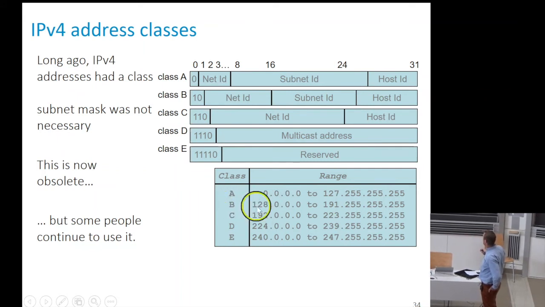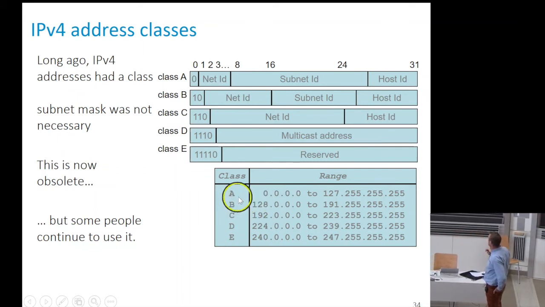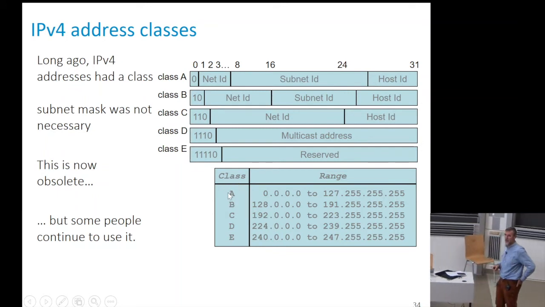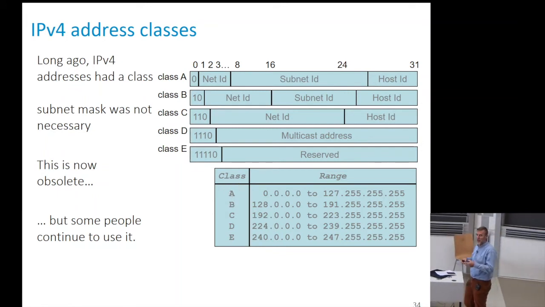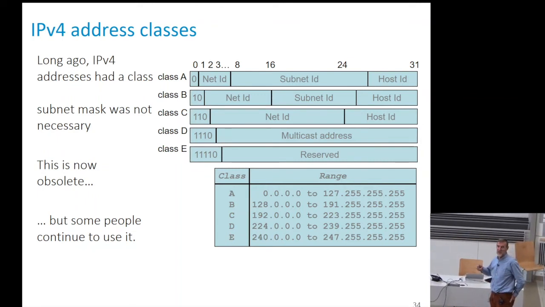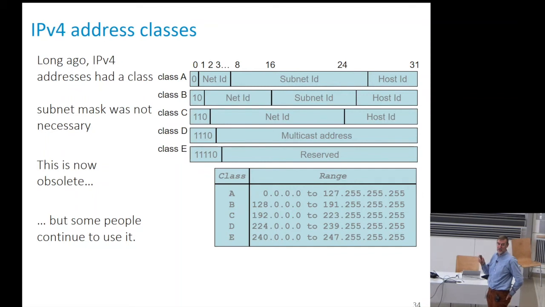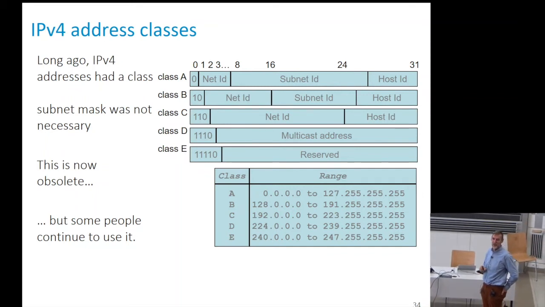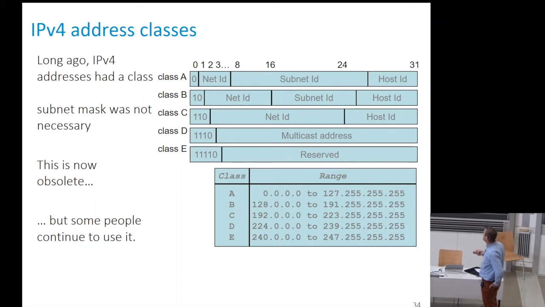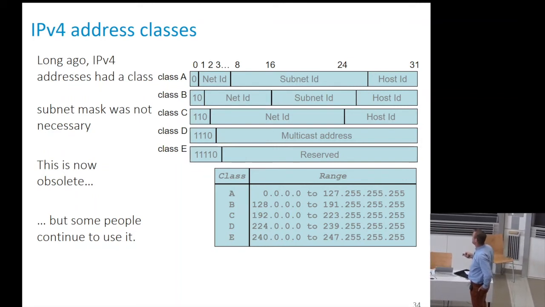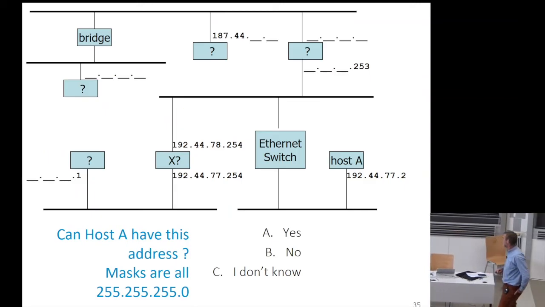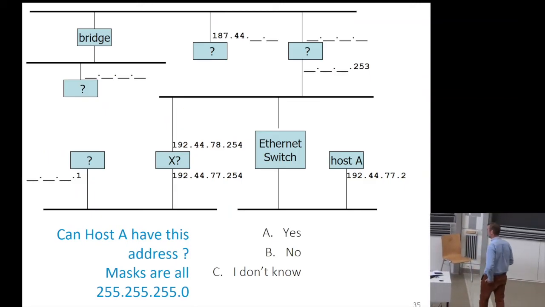So EPFL was a class B network. IBM 9.something was a class A network. And the idea is that by looking only at the bits, you could see what is the size of the network. So if I see 9.something, I know the prefix is 9, at least for routing in the public internet. But this is now obsolete, and we can cross the boundaries of those blocks. But this is often still found in documents.